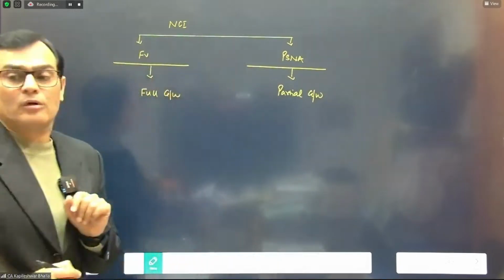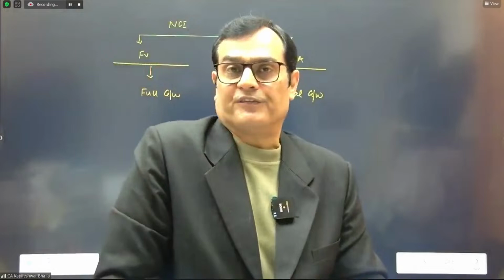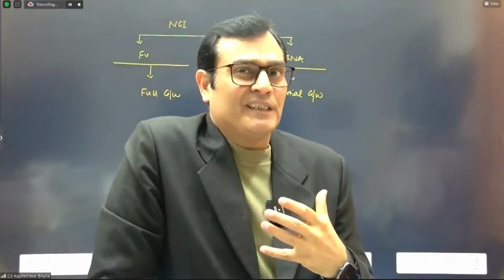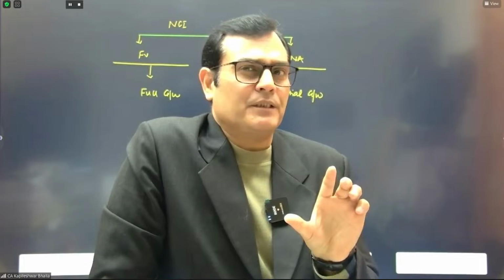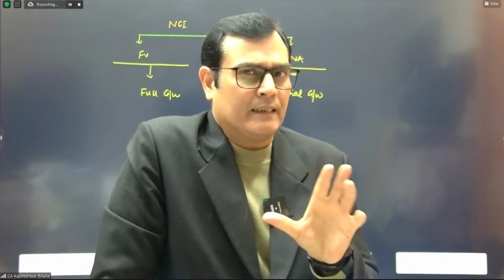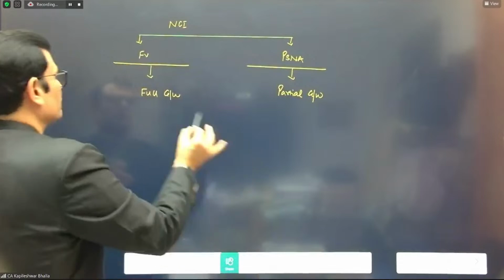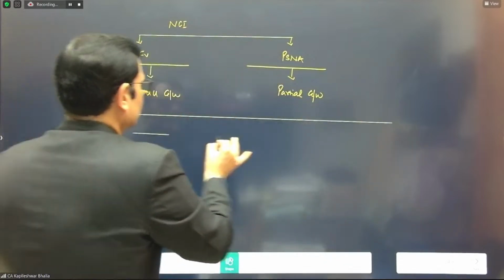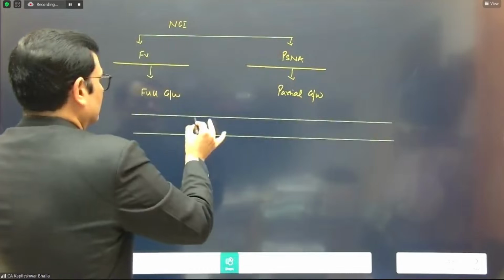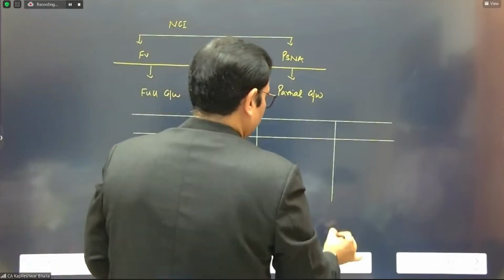Now, why is it called a full and a partial goodwill? I'll take an example to illustrate this. Though what I'm doing in this example may not be technically correct, just to give you a basic understanding, let's have a look. I'm going to give you a total of 2-3 situations to understand the concept. So let's watch this very carefully. I'm going to show you the goodwill calculations in a few permutations and combinations.